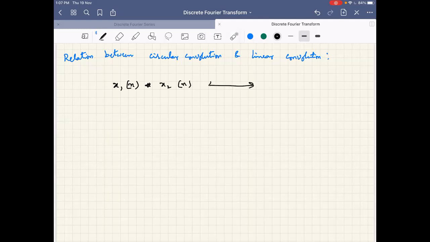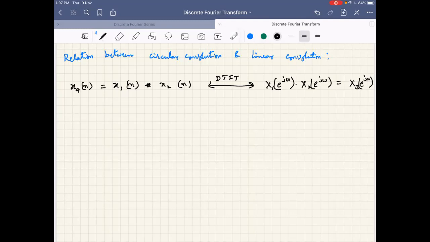Then we have the discrete time Fourier transform, which gave us x1 of e power j omega into x2 of e power j omega. Let us define this as x3 of e power j omega, and here let us define this as x4 of n, just to be consistent with our notation.